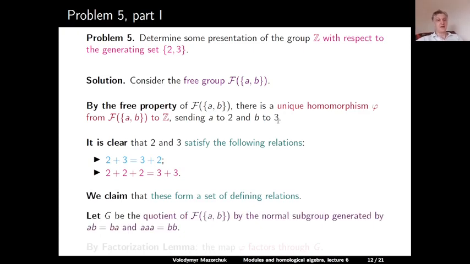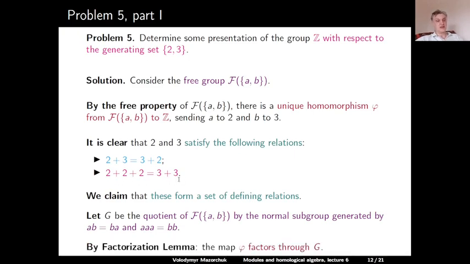For this, let G be the quotient of our free group on A and B by the normal subgroup generated by the relations AB is equal to BA. This corresponds to 2 plus 3 is equal to 3 plus 2. And AAA is equal to BB. So this corresponds to 2 plus 2 plus 2 is equal to 3 plus 3.